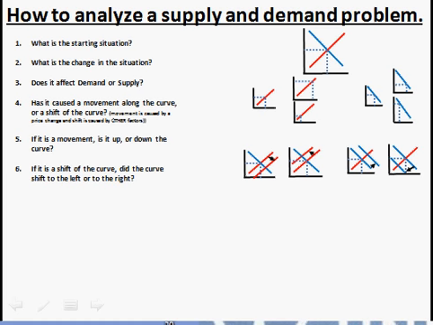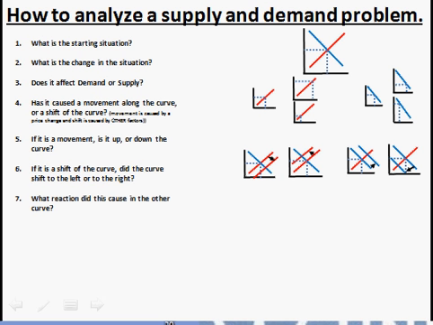Once we've determined what direction the shift goes in, the next question is, what will be the reaction caused in the other curve? If our problem has given us information about a shift in the supply curve, then after that shift takes place, what will the consumers see in their demand curve?